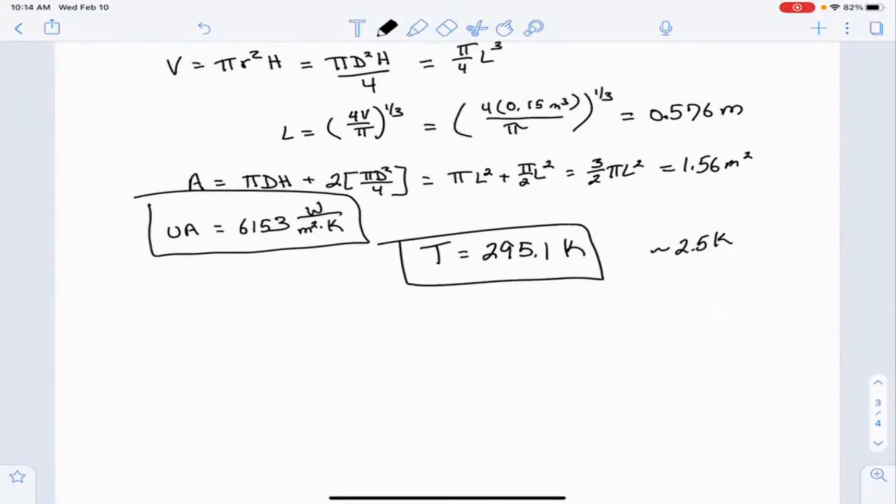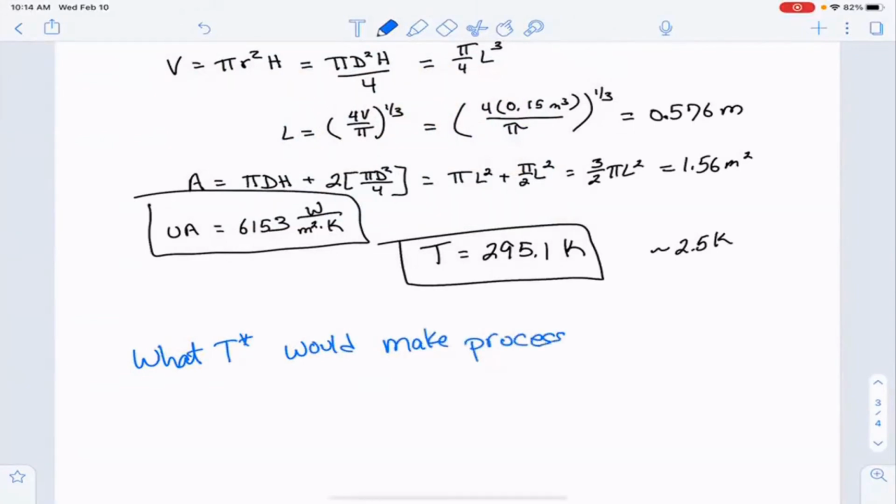So in this process, what temperature, given our reactor, would make the process isothermal? Because certainly in the brewery, that's what we were interested in at the end: what temperature makes the process isothermal.